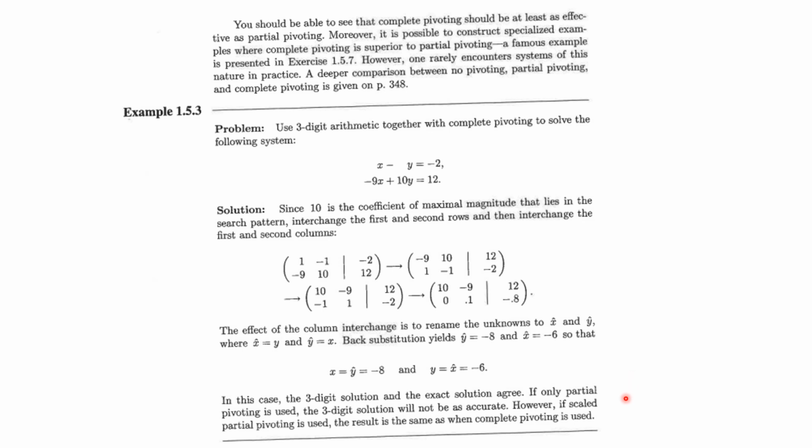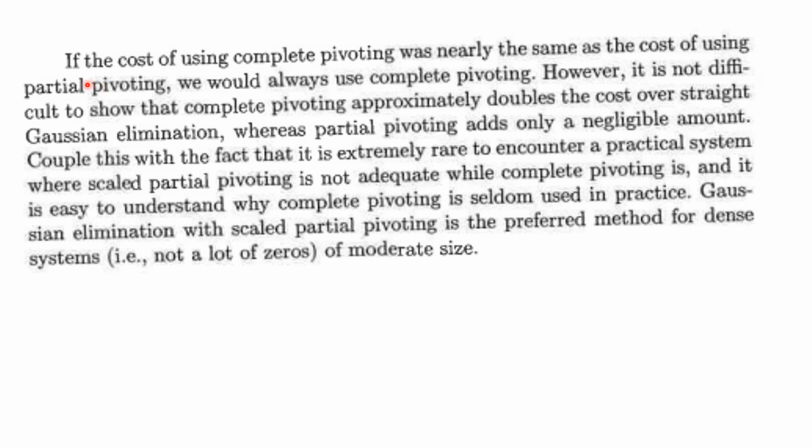If only partial pivoting is used, the 3-digit solution will not be as accurate. However, if scaled partial pivoting is used, the result is the same as using complete pivoting. So, if the cost of using complete pivoting was nearly the same as the cost of using partial pivoting, we'd always use complete pivoting.